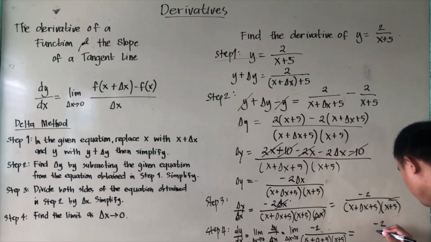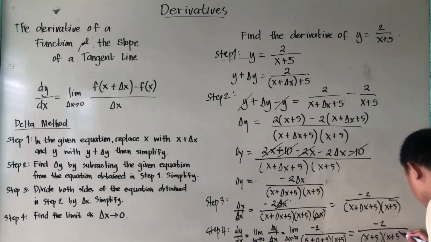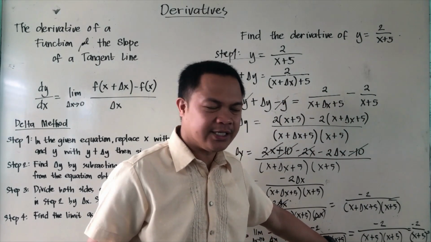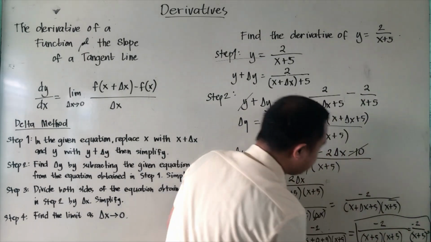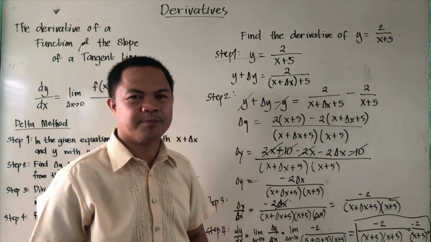So we have negative 2 over x plus 5 times x plus 5, or negative 2 over x plus 5 squared. This is the final answer for the given function in finding the derivative.